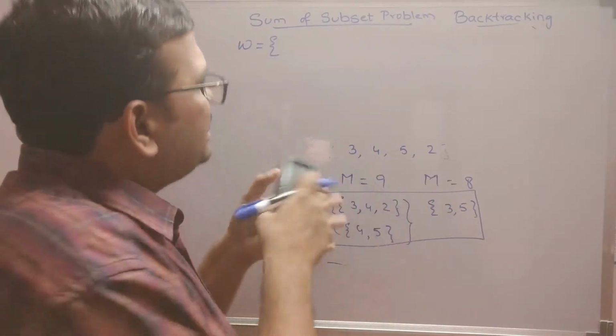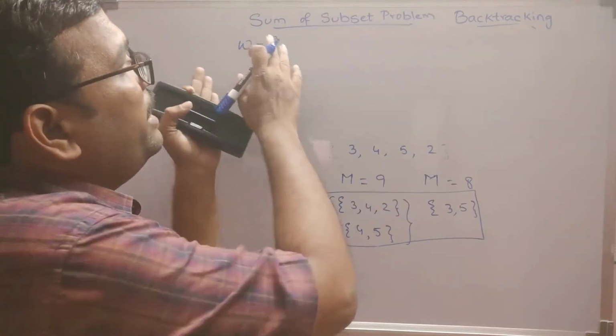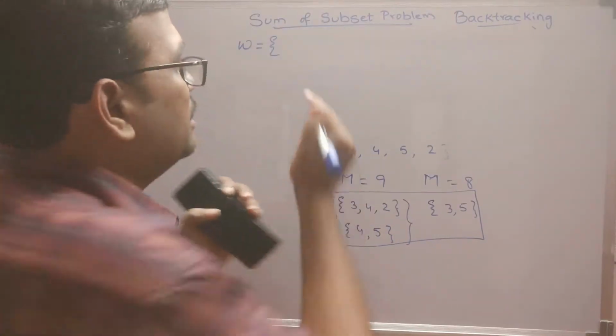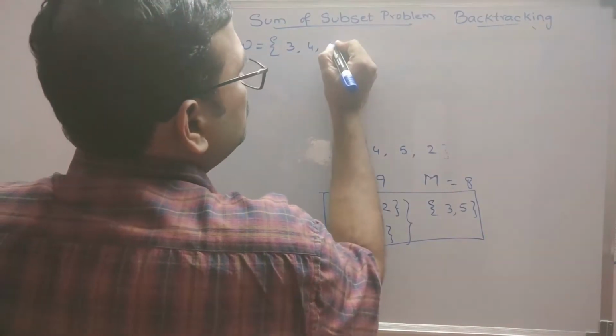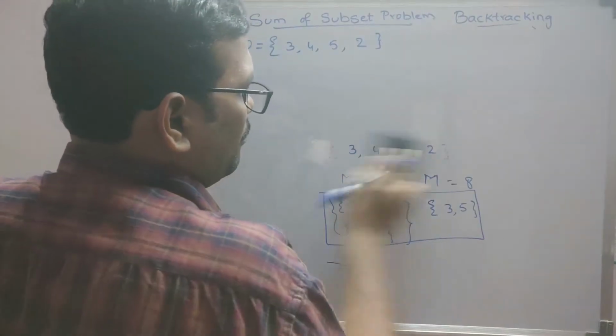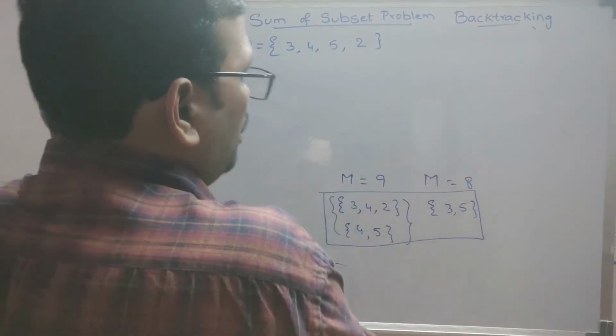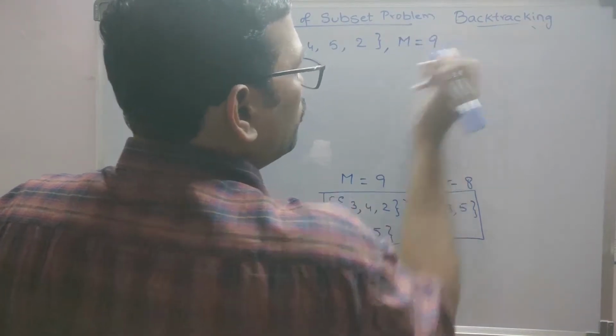The same way here we call them elements, and we are simply finding the sum of subsets. The elements are 3, 4, 5 and 2, and m, the total, must be equal to 9.